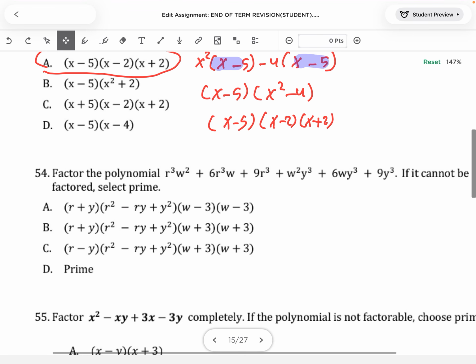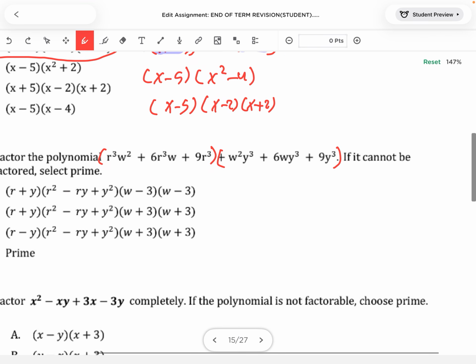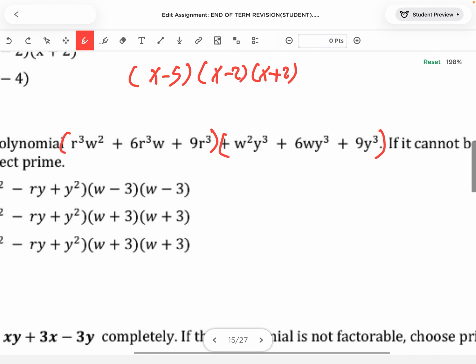Factor the polynomial. If it cannot be factored, then write prime. We take the first three together and the last three together. The first three we have a common, which is r cube. I will have w squared plus 6w plus 9.